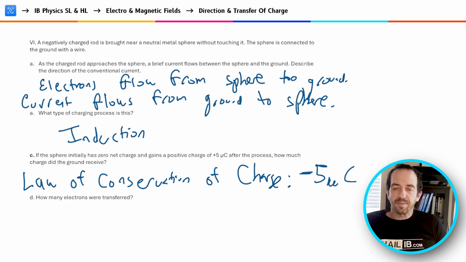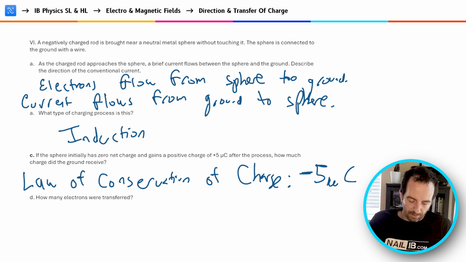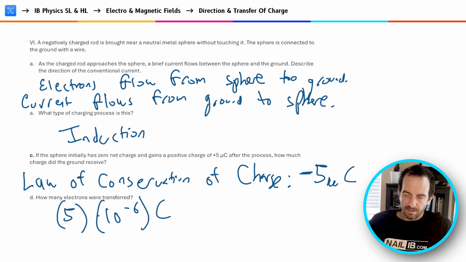How many electrons specifically were transferred? Well, if we transferred 5 microcoulombs, so that's 5 times 10 to the negative 6. And what do we have to divide by?